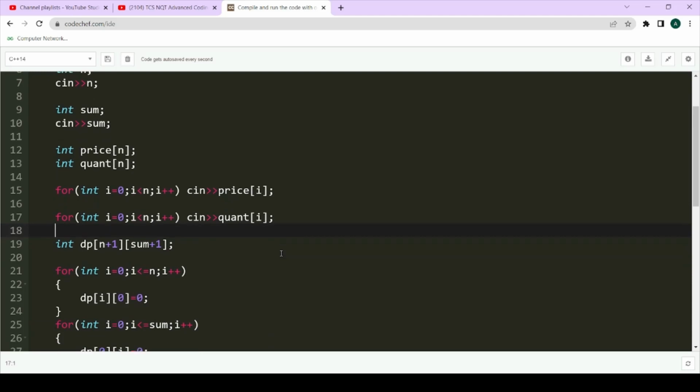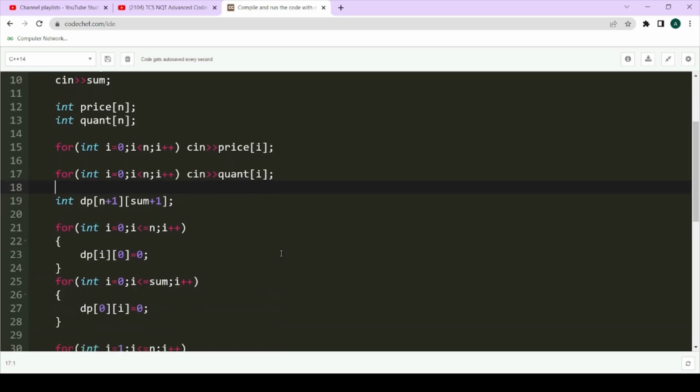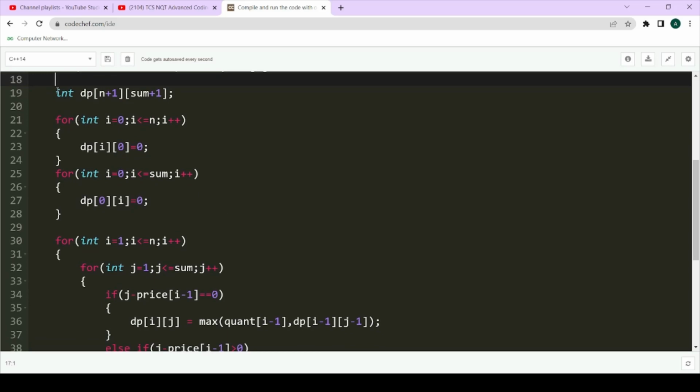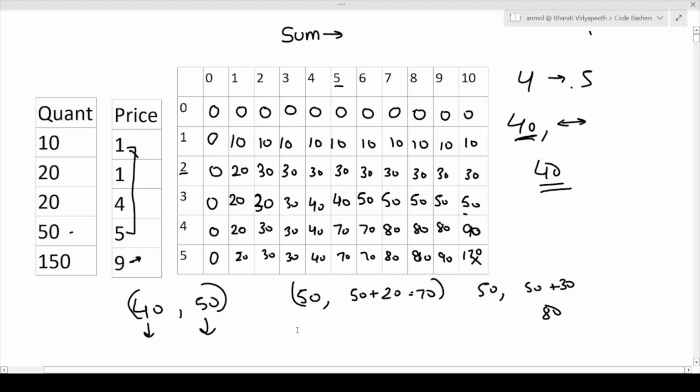Now I have told you that this is a DP question, so we have to form a DP array. And what will be the size of the DP array? The rows will denote the number of items, that is n plus 1. Why have we used n plus 1? Here we have 5 items. So if we make 5 rows, the values inside those rows will be 0 1 2 3 4, but we require 6 rows here.